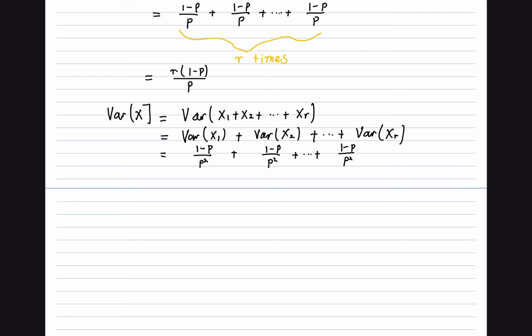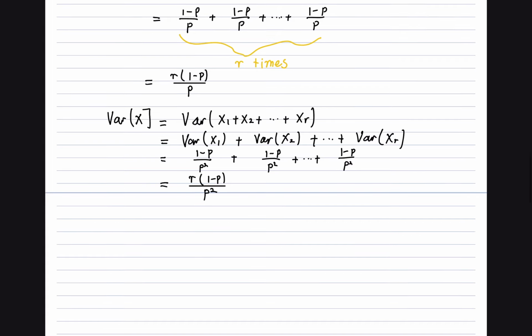In case you don't know why that's the case, there is a video on the derivation of this, and I encourage you to watch it. Then similarly, you're summing it r times, so we've got r times 1 minus p, all over p squared. And there you have it.